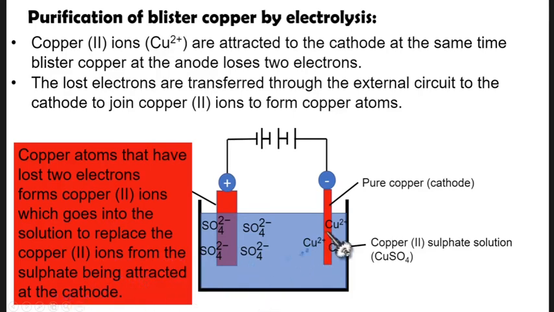Remember, the one which was here has already joined with the electron and become an atom which has joined this pure copper cathode. Because it has been removed, it has to be replaced with another one. So that copper atom which lost that electron forms a copper ion and goes into the solution to replace the one which has been attracted.